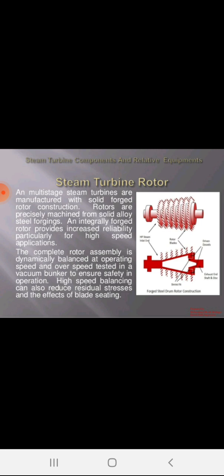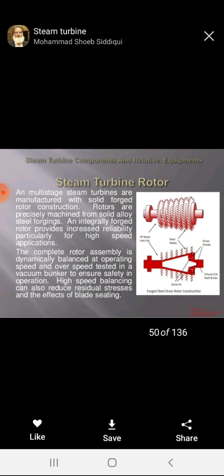Steam turbine rotors in multi-stage steam turbines are manufactured with solid forged rotor construction. The rotor is principally machined from solid alloy steel forging, and intermediate forged rotors provide increased strength, particularly for high speed applications.